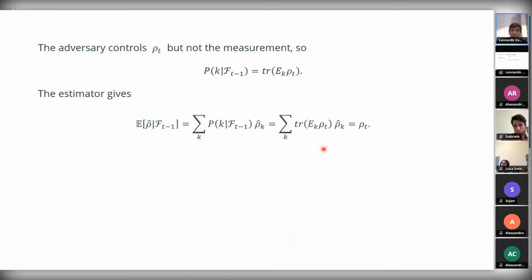And then, as we saw on the previous slide, from this average, we get the true quantum state. So even if the state was chosen based on the past, the conditional expectation gives us exactly the state prepared at that round.